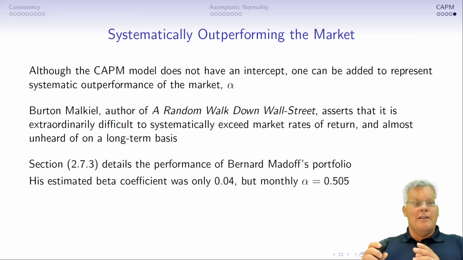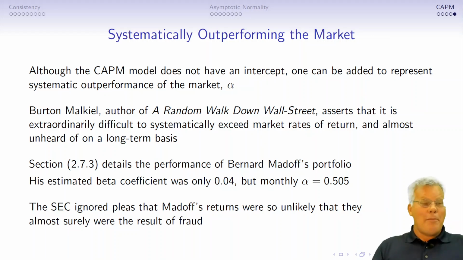So in other words, Madoff was consistently beating the market by a large amount, and his customers were bearing very, very little risk. And proper econometricians approached the Securities and Exchange Commission and said, this is simply not possible. This has to be fraud. Madoff has to be engaging in massive fraud to be able to generate these kinds of returns year after year while not exposing his customers to risk.